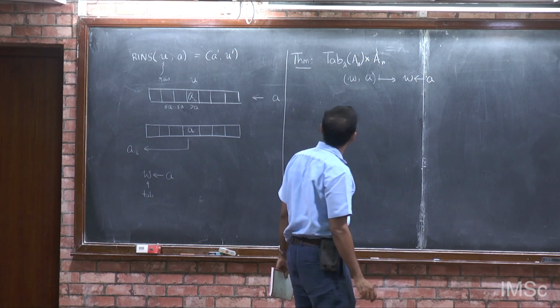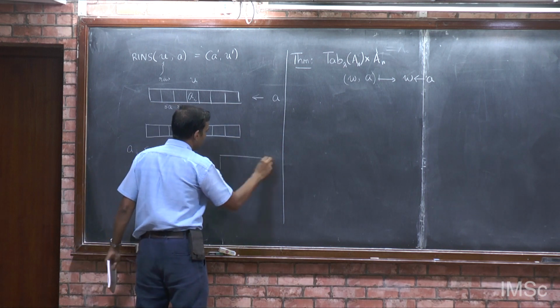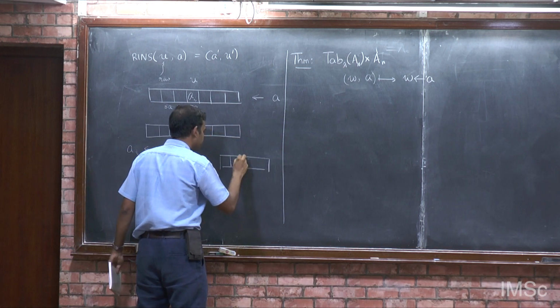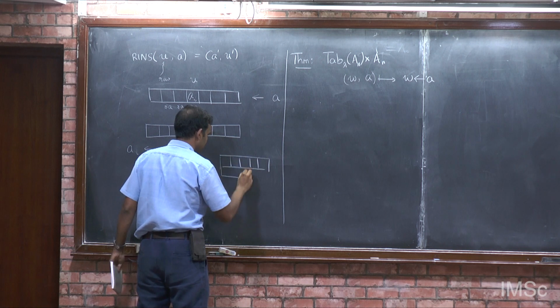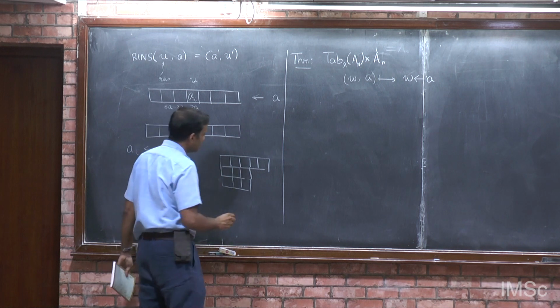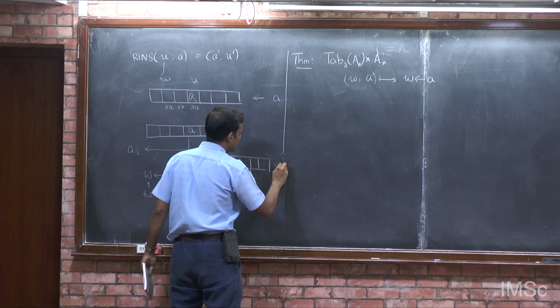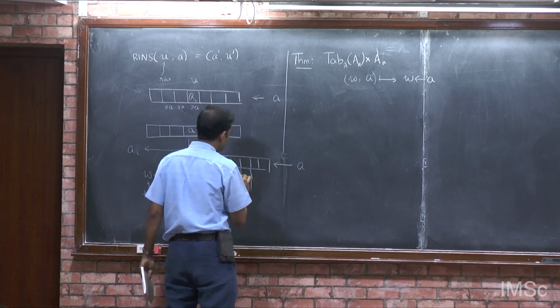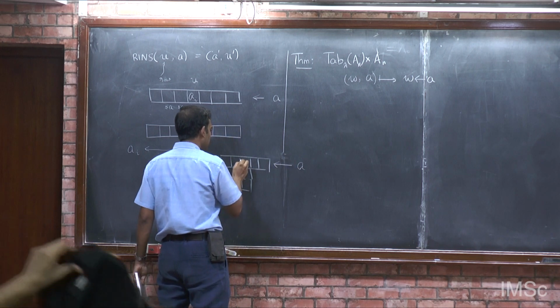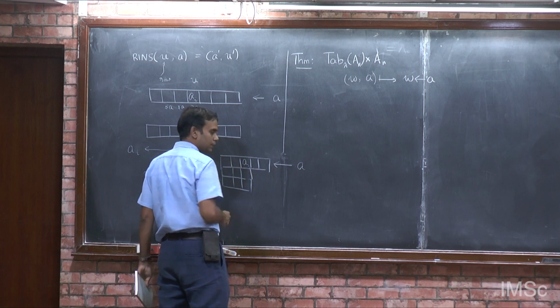Now, what will happen is, when you have a tableau in general, let us say you have a tableau like this, and then you insert A in here, and it takes some A_i and bumps it out.